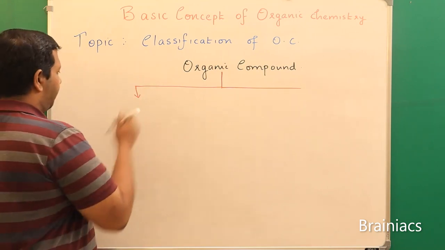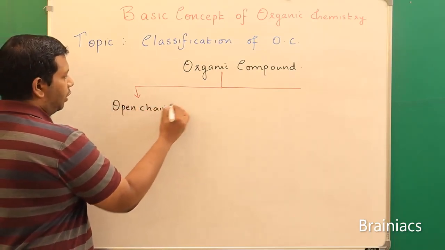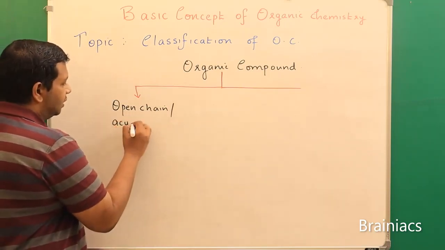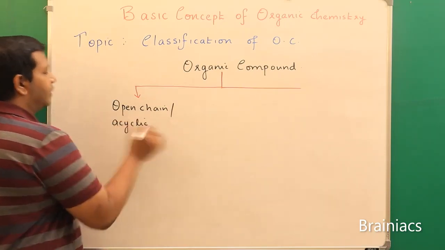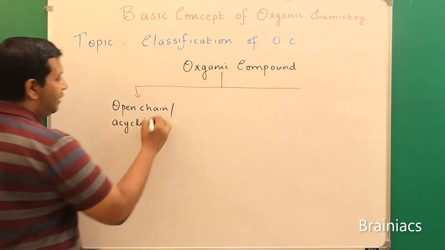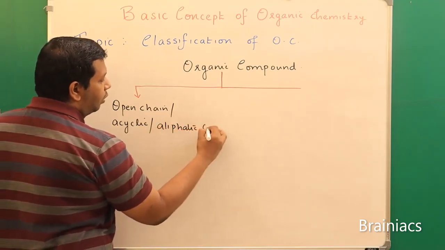We say open chain, or it is also known by another name, acyclic. Acyclic means not cyclic, because of the A. Or it is also called aliphatic compounds.